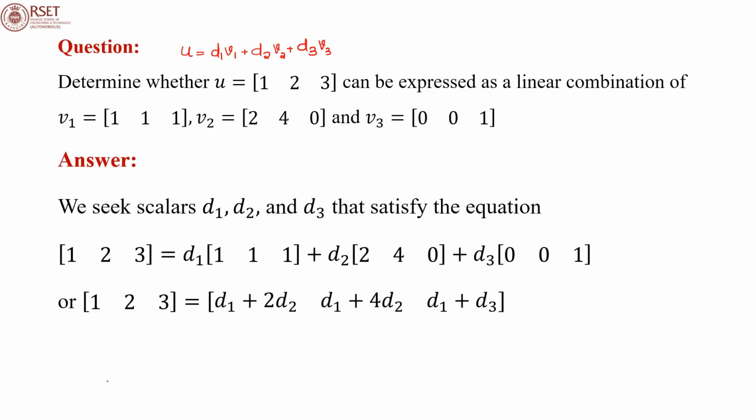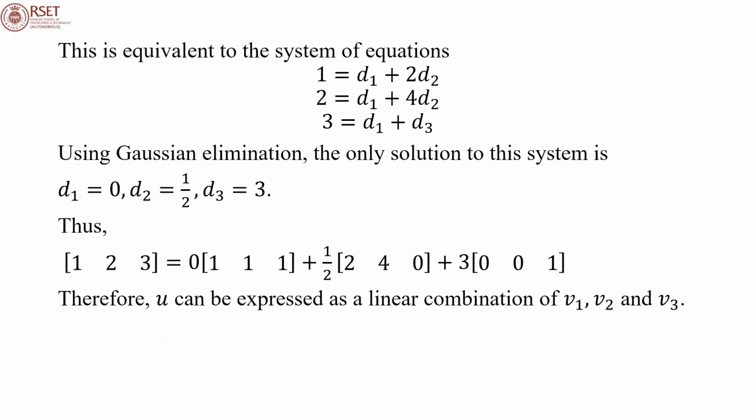Now I can write it as 1 is equal to d1 plus 2 d2, 2 is equal to d1 plus 4 d2 and 3 is equal to d1 plus d3. This has become a system of equations of this form. Using the Gaussian elimination method, we can solve it.